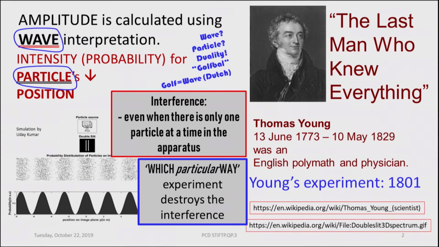So, this is a simple which way experiment. Such experiments are called which way experiments. And when you perform a which way experiment, then the interference is destroyed, and this happens even when there is a single particle or a single photon in the whole apparatus.